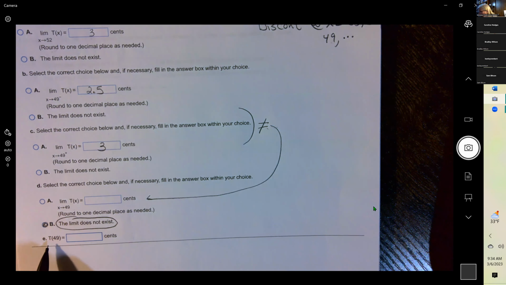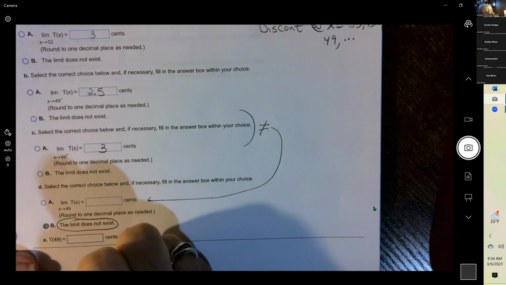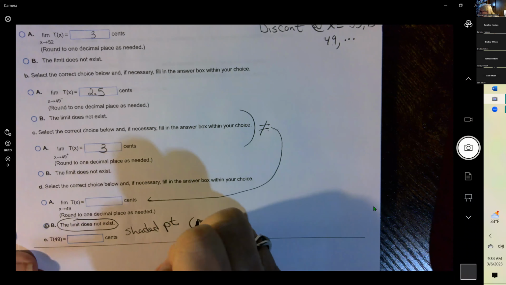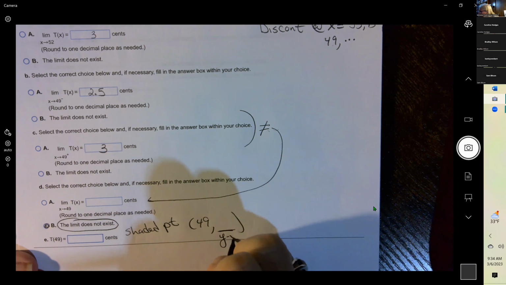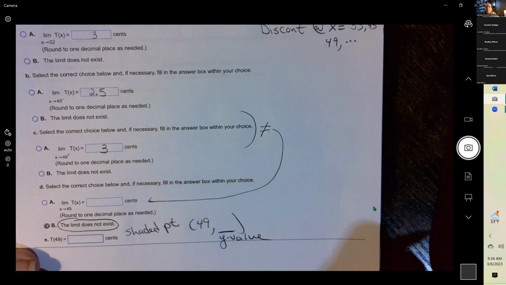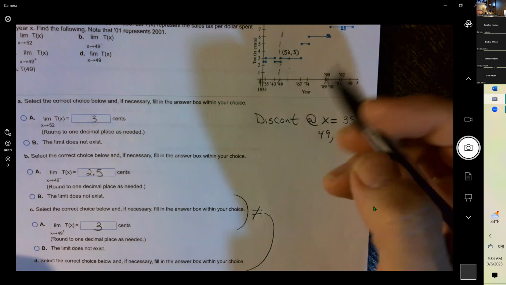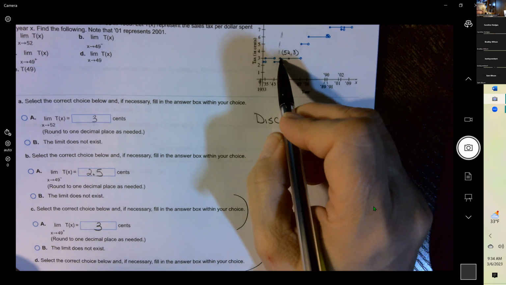This last one, T of 49, this one's the shaded in point. So if we go back to 49, the top one is shaded in, the bottom is not. So it's 3.